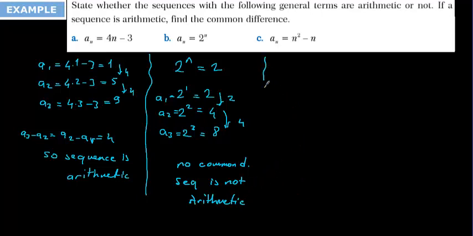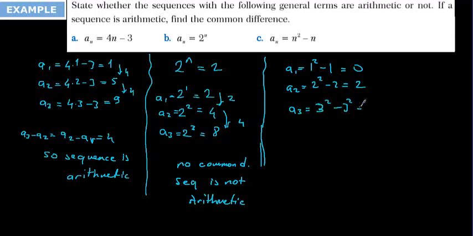Okay, the last one. I think the last one is also not arithmetic, because a1 is equal to 1 squared minus 1, which is equal to 0. a2 is equal to 2 squared minus 2, which is 4 minus 2, equal to 2. a3 is equal to 3 squared minus 3, 9 minus 3, which is equal to 6.